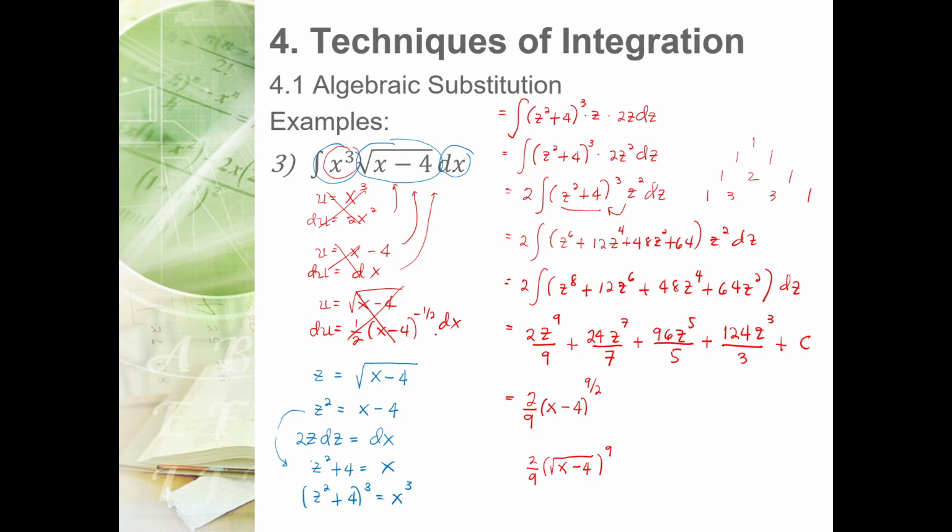But you can also answer it that way, and I will also accept it. Let's do it side by side. So 12 over 7, then x minus 4 to the 7 halves, plus 48 over 5, x minus 4 to the 5 halves. Then lastly 64 over 3, x minus 4 to the 3 halves plus c. So that can also be the answer, or you can answer in radical expression.